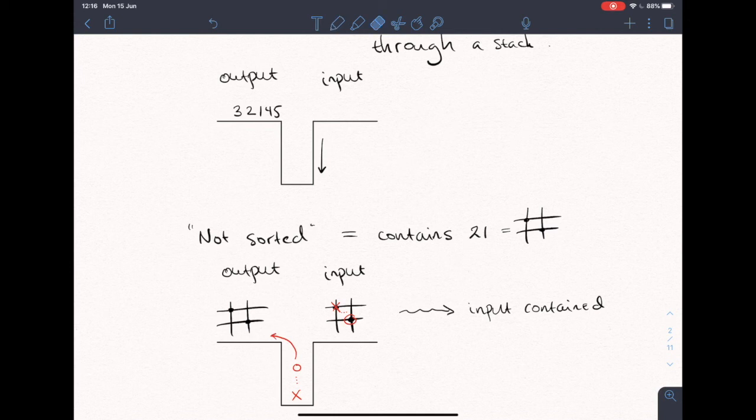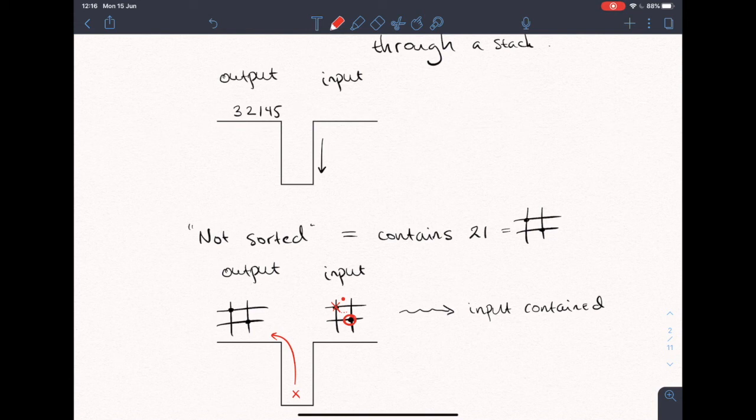But this didn't happen. And the only reason why this can't happen is the presence of a third element that's bigger than the X, which will cause X to leave the stack before O has a chance of entering the stack.